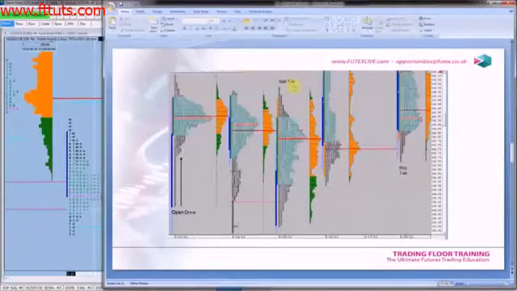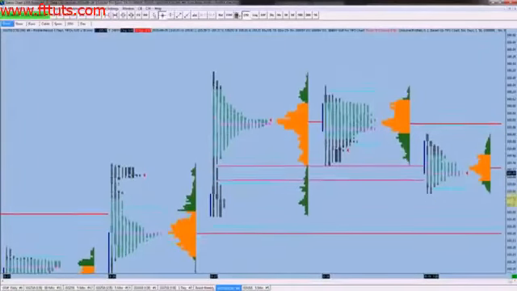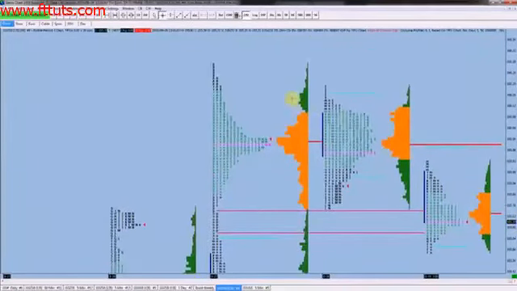In perfect auction theory, a market profile should always have a buying tail and a selling tail, because it's at that point that the market has got out of line and a seller has stepped in and sold the market aggressively, and if it's gone too low, a buyer steps in and aggressively buys the market. You should, in perfect theory, always see a buying and a selling tail on your profile.